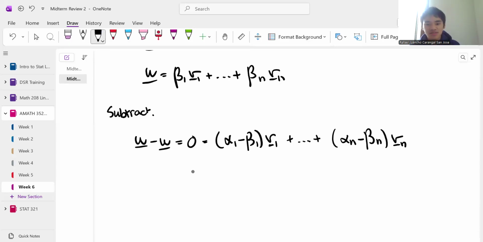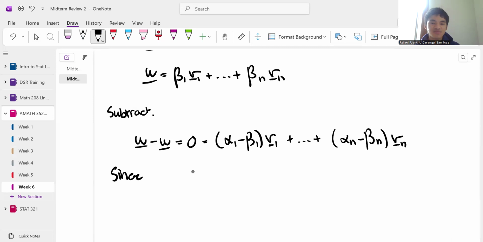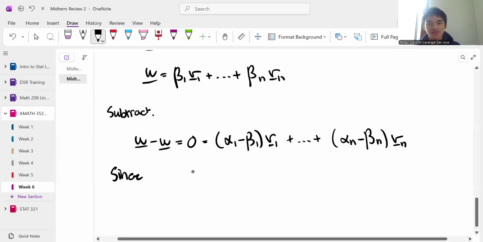And then here we see that we actually have some sort of linear combination happening. Alpha 1 minus beta 1 all the way to alpha n minus beta n, those are just scalars. So it's like a linear combination, and when we do all of these scalar multiplications and vector additions, we get a 0.